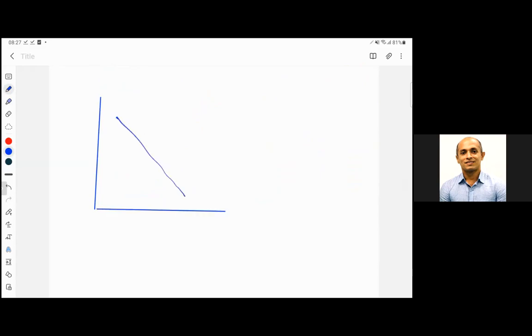So demand, supply, let's say P0. Now supply reduces, right?